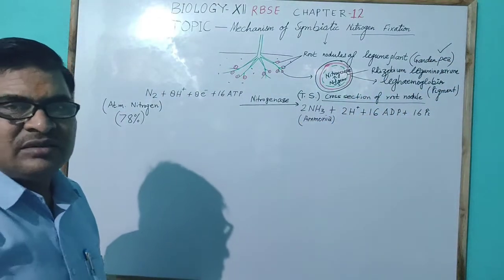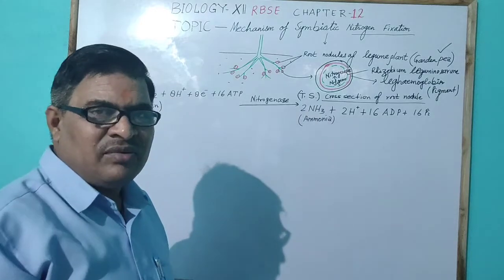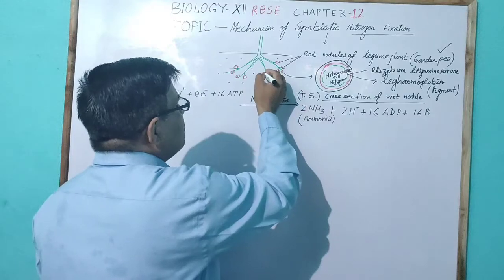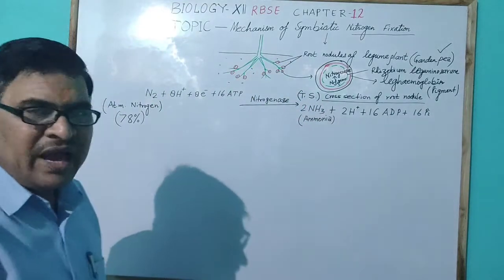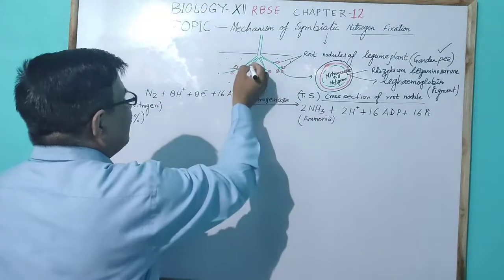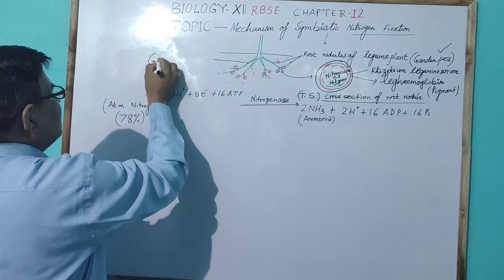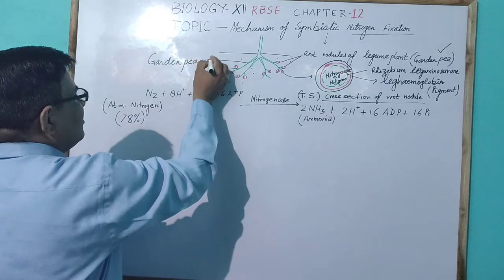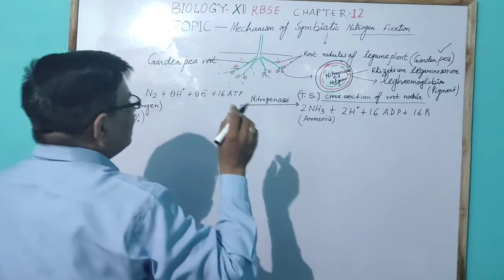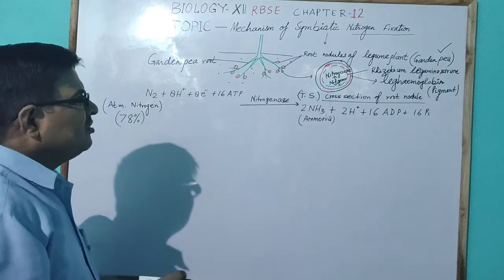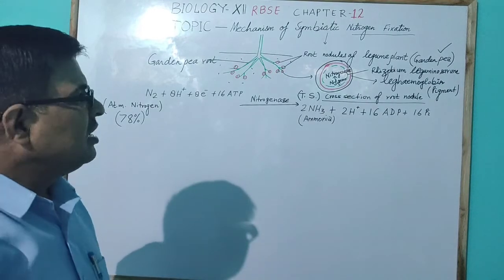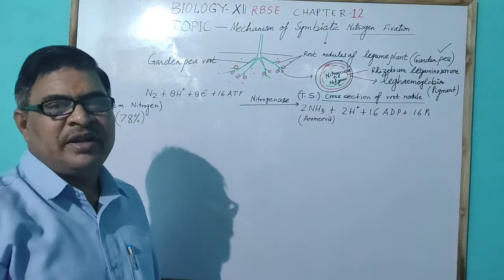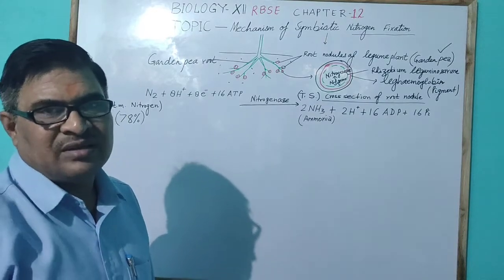This rod-shaped bacterium is shown here in the root nodules of the garden pea root, and the garden pea belongs to the family Leguminosae.